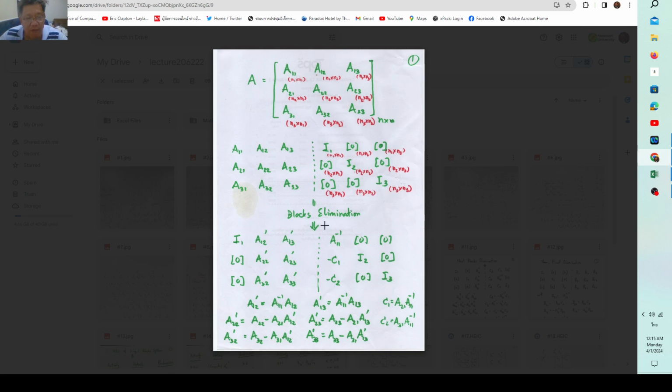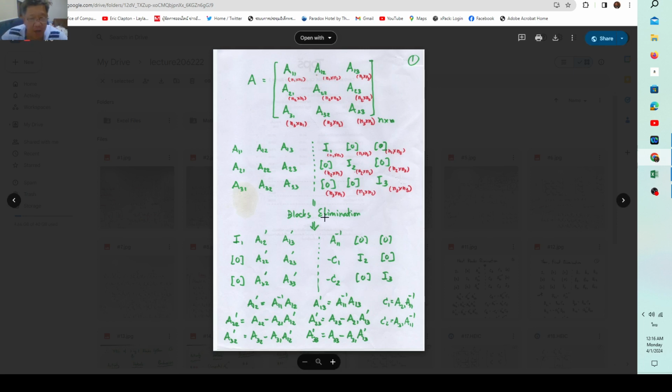And then we start the block elimination. The block elimination tries to change the original matrix on your left side to become the identity matrix. And with the transformation using block Gauss elimination, the resulting matrix on the right side becomes the inverse of A.